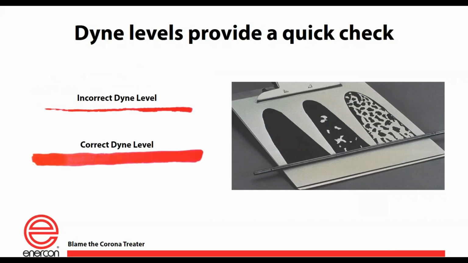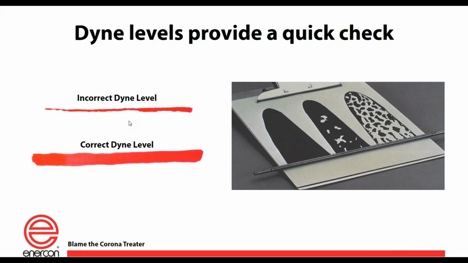So one of the ways I would suggest, and if any of you want this document, just reach out to me through email after the presentation. I'll send it to you. We're kind of making a big circle here. We'll go back in time relative to how to do a Dyne test. The first image on the left really isn't incorrect. It's a typical Dyne marking that you get when using a pen.